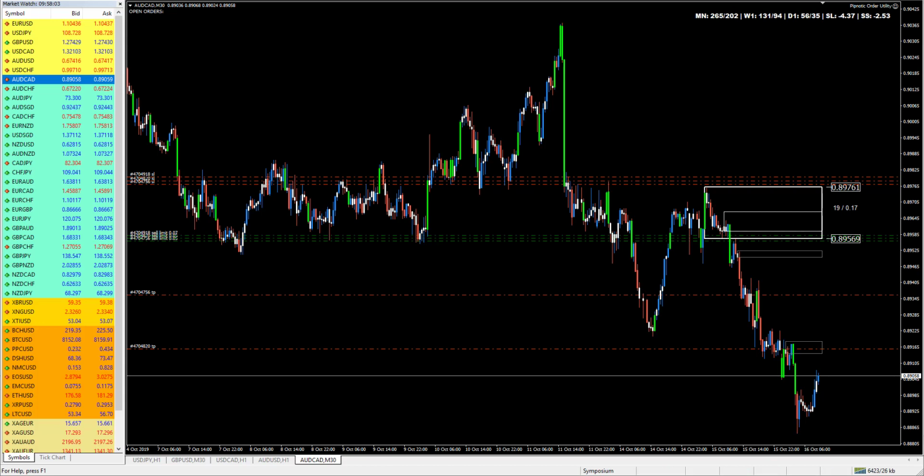Looking at this, has price been back to this area before? As it has. It's been here, here, and here. So I would feel more inclined to look a little bit higher. We have this one here. Just tested a bunch.